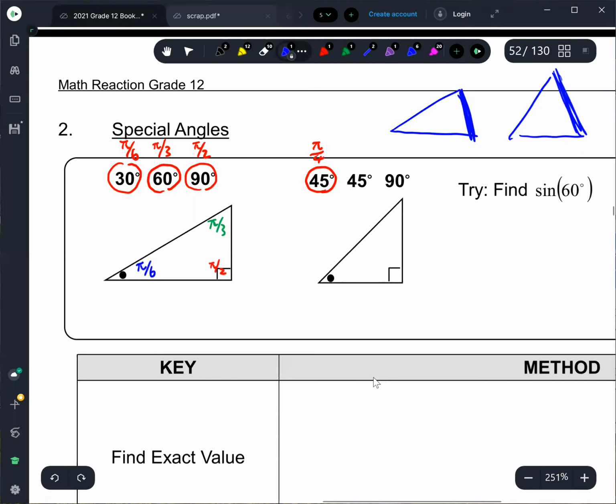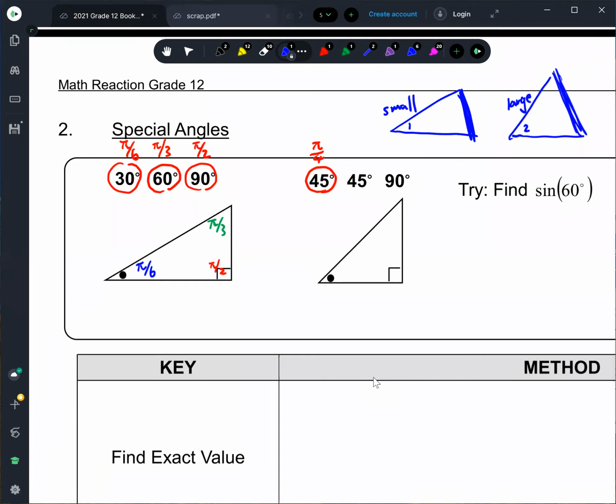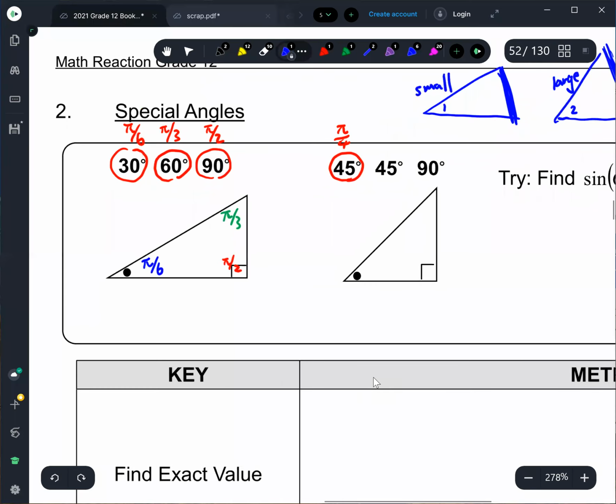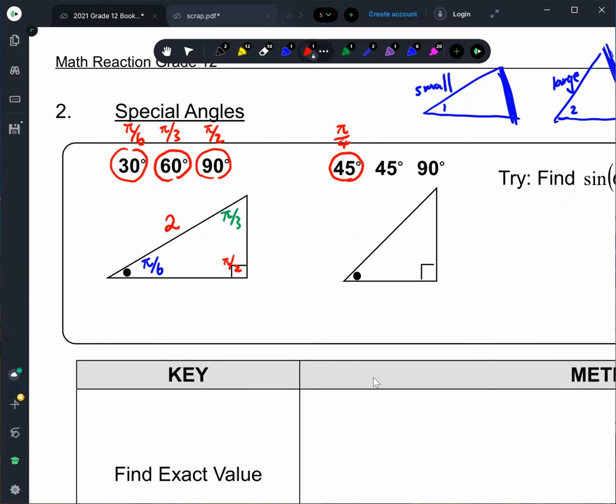This angle, let me change that. Angle number 1, angle number 2, right? Angle number 2 is bigger, so its opposite side should be longer. Angle number 1 is smaller, right? Smaller, and then it will be shorter, okay? If it's a larger angle, it will be a longer side. So keep that in mind. So if it's pi over 2, it's the largest angle, you will have a side of 2.